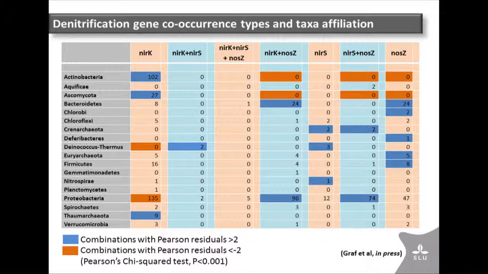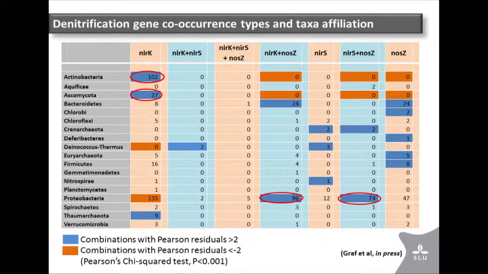So as an example here, we have the Proteobacteria. They are overrepresented, the type having either nitrite reductase of the nirK type or nirS type, combined with having nosZ. This type is overrepresented among the Proteobacteria. So these are what we would call typical denitrifiers.